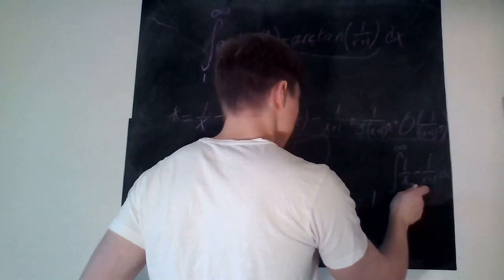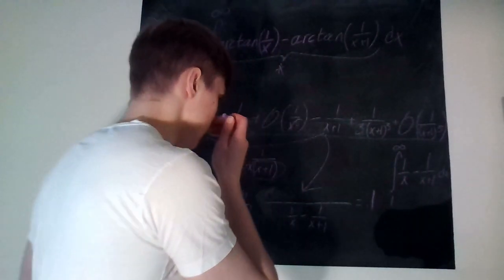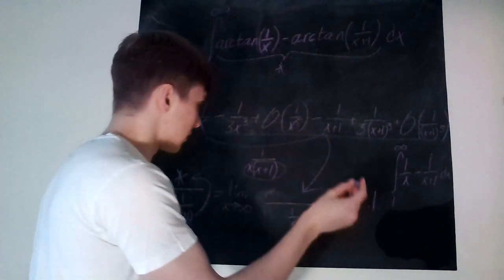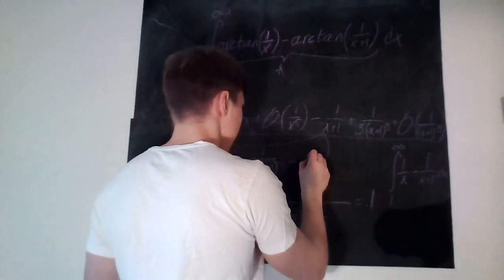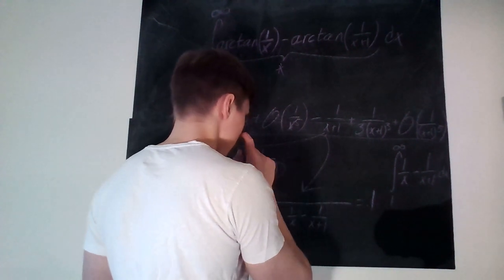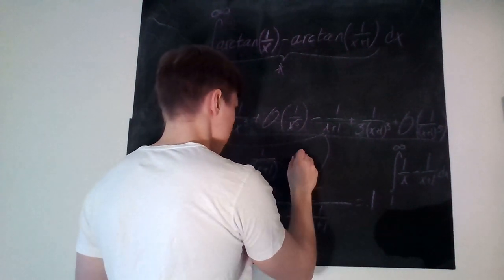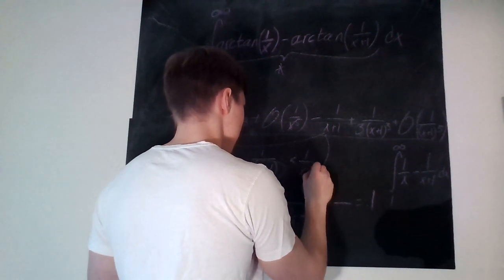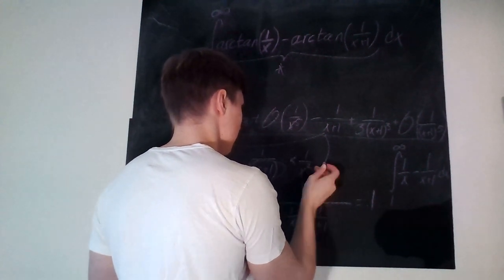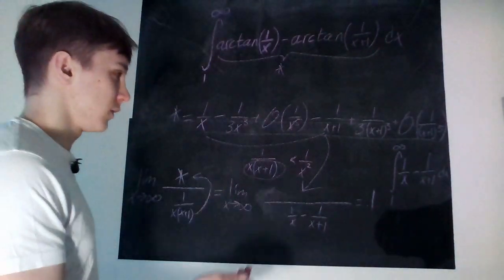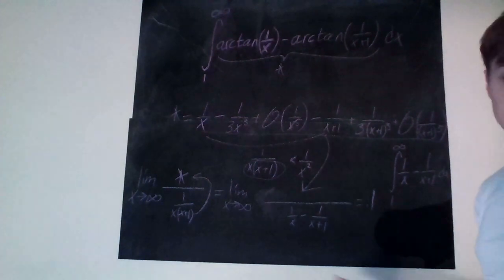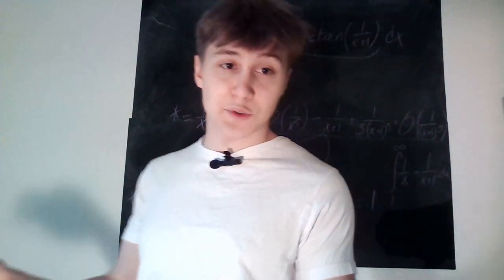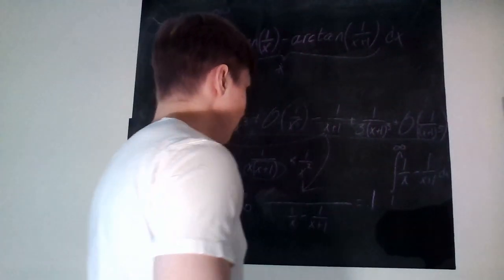If we were to integrate this, of course you could just instead compare this with the Basel series, because this is just, no, sorry, you could not. Yes, you could, exactly. Because we know that this is less than 1 over x squared, obviously, when x is positive. So you could just say that this is less than the Basel series, and obviously that converges, so you would be done.